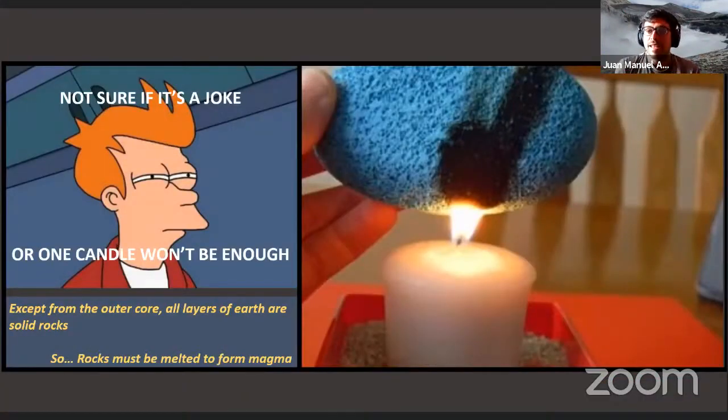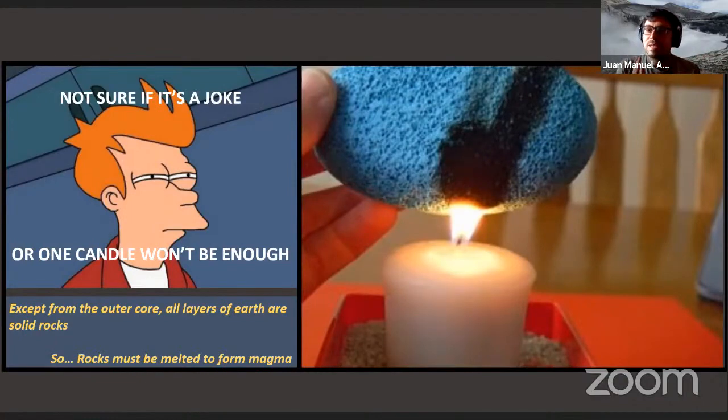But if there is no liquid layer on Earth formed completely by magma, and everything is solid, we have to melt it down. So we need to melt the rock to form this magma before it comes out to the surface. And obviously, as Fry says here in this slide, a candle won't be enough.